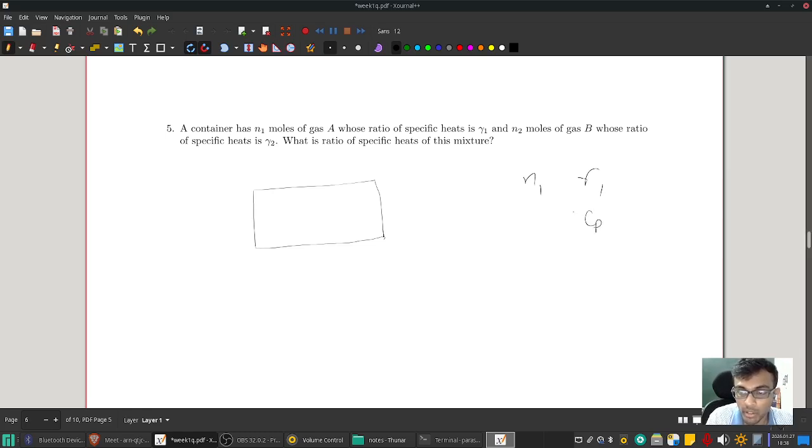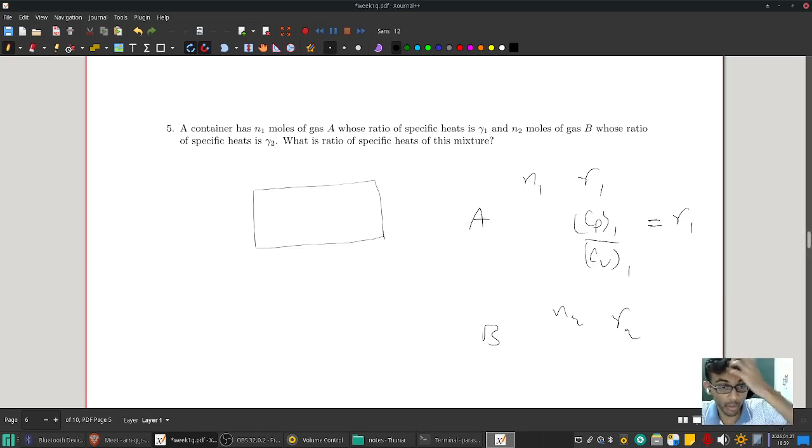So CP1 by CV1 is gamma 1, the ratio of specific heats at constant pressure and constant volume. This is for A, and similarly for B, these are N2 and gamma 2.